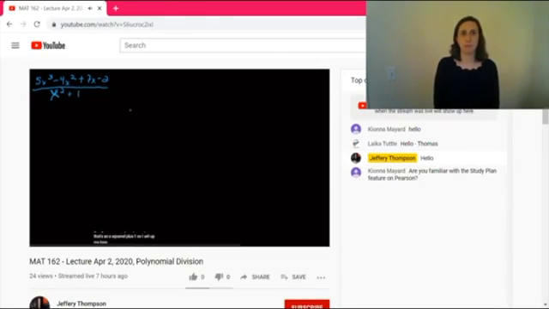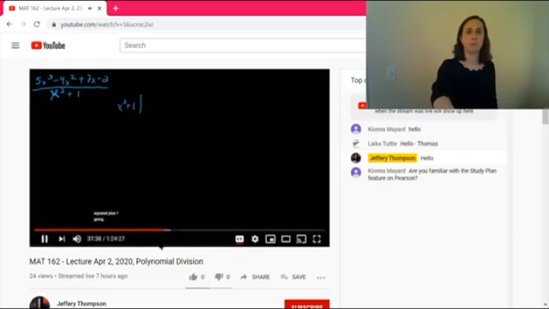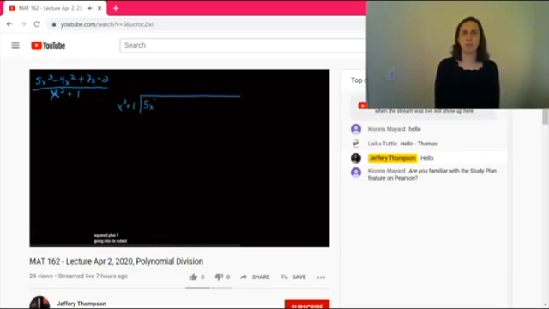So I'm going to set up my long division, about here-ish. So x squared plus 1 going into 5x cubed minus 4x squared plus 7x minus 2.